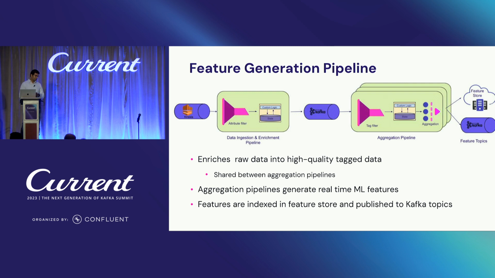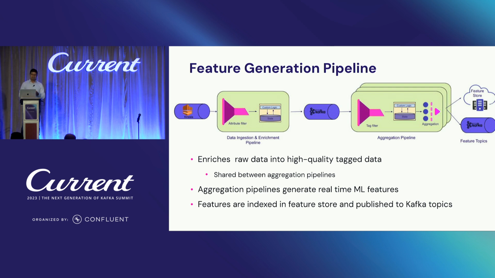And from there, we get it to our ingestion pipelines. These ingestion pipelines are processing this data at very high scale. They filter out all the invalid data, then validate and enhance the data and pass it on to the other pipelines called aggregation pipelines.